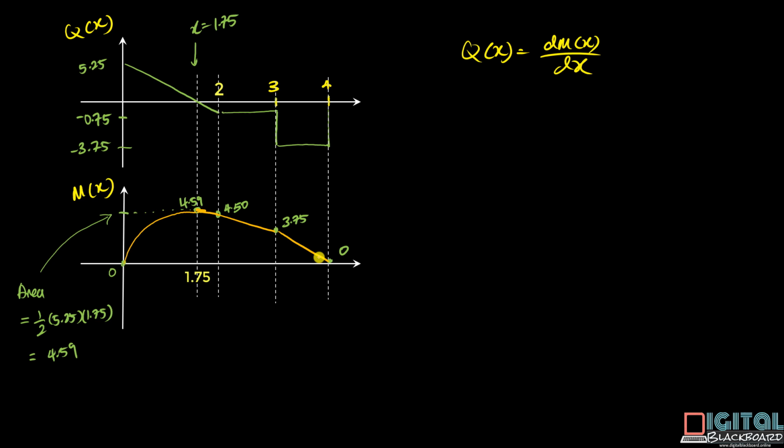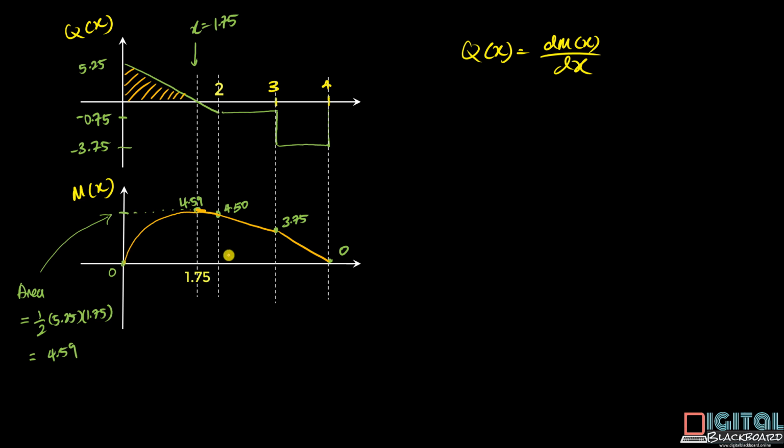Now for the values, how do I get 4.59 at x equal to 1.75? Okay, I simply calculated the shaded area for the shear force diagram, and the shaded area here is actually the triangle, which is half times 5.25 times 1.75, giving you 4.59.